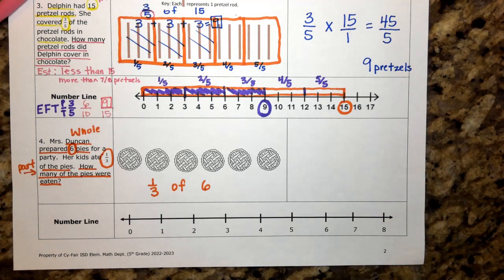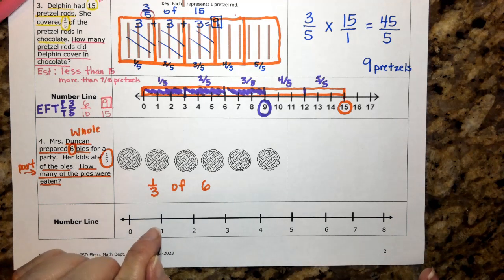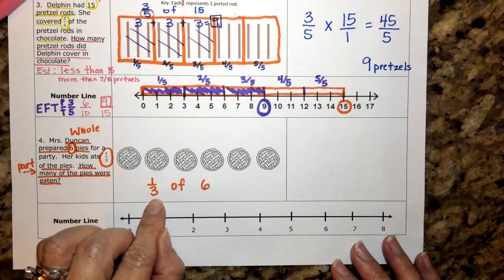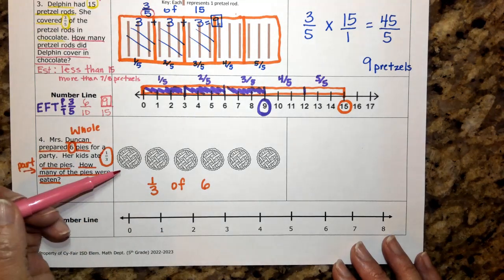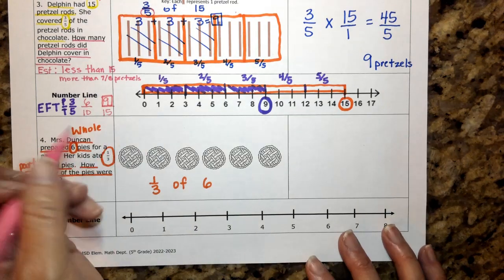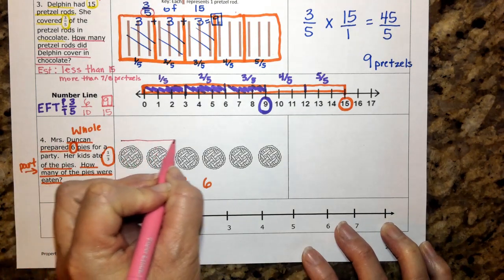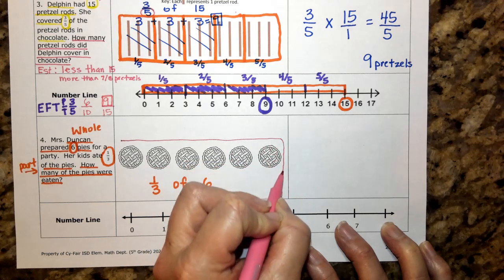So when I think about looking at my pies here, I want to think about dividing my pies into 3 groups because my denominator is 3. So the first thing that I'm going to do is take my whole set of 6 and box it in.